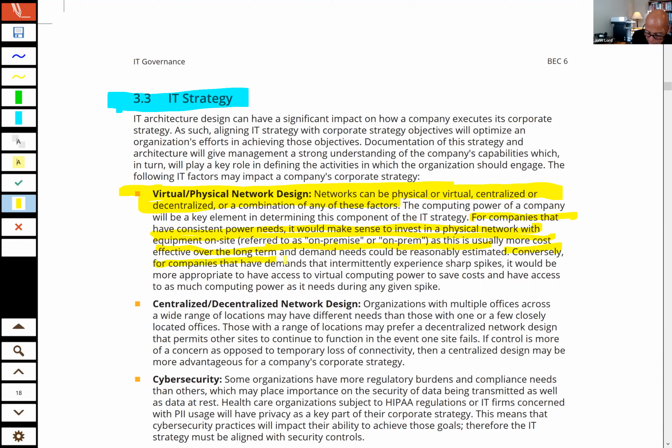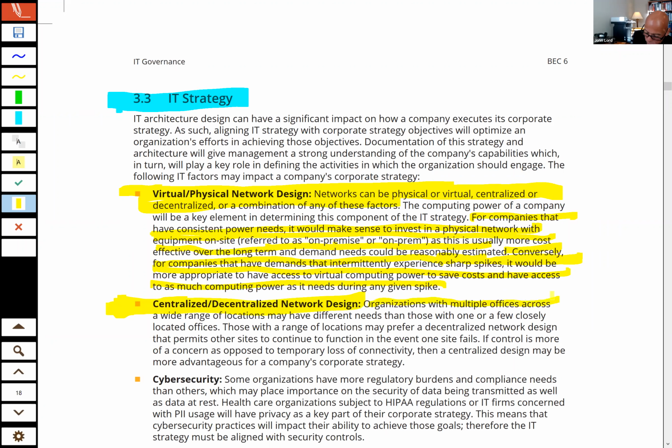Conversely, for companies that have demands that intermittently experience sharp spikes, it would be more appropriate to have access to virtual computing power, and then that will be charged during times that we need more versus less. And we'll talk more about some of that when we talk about cloud computing, I should say, in a little while. Centralized and decentralized network designs.